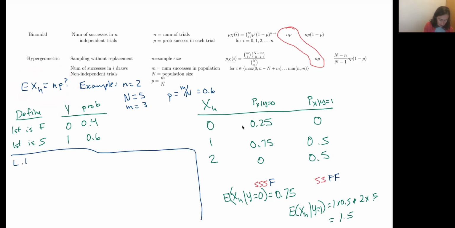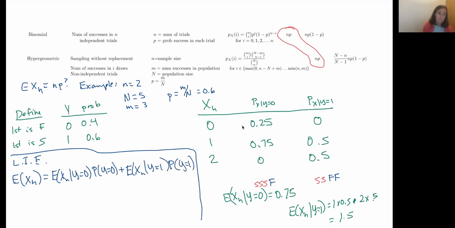The law of iterated expectations tells us the expected value of this random variable, whatever it is, is just equal to the expected value of that random variable conditional on y equals 0 times the probability of y equals 0, plus the expected value of that guy conditional on y equals 1 times the probability that y equals 1.